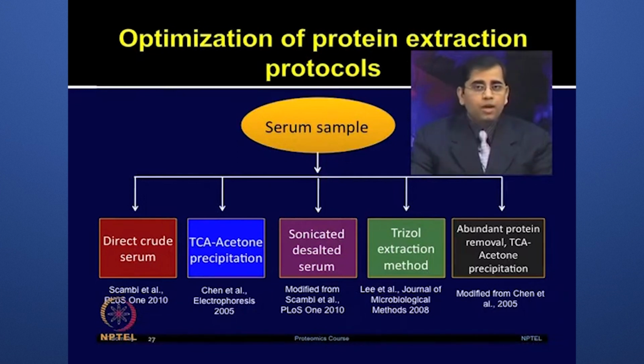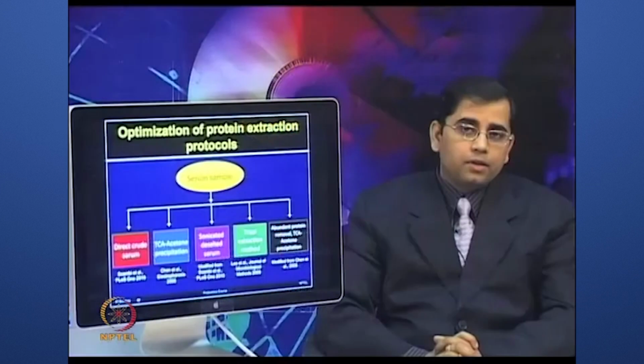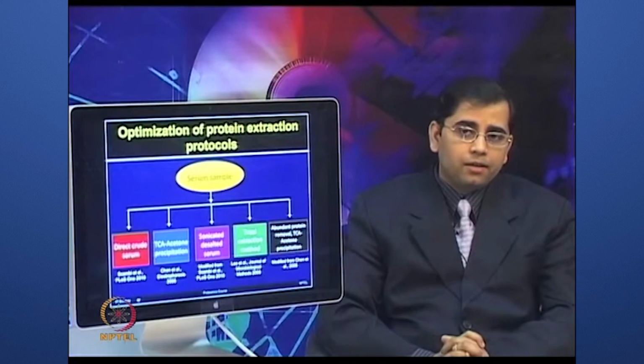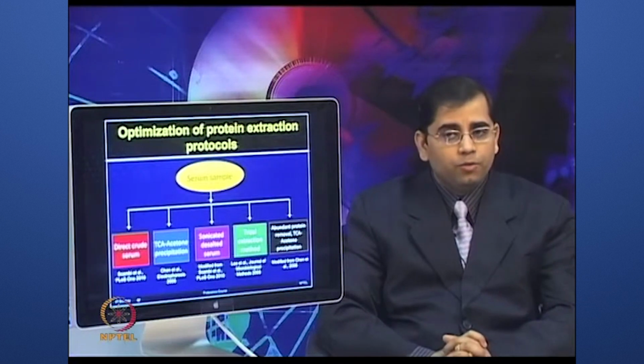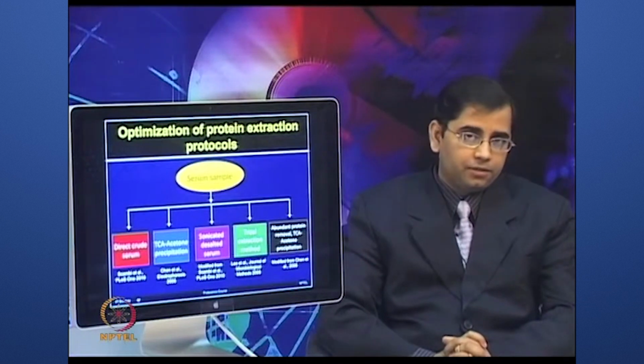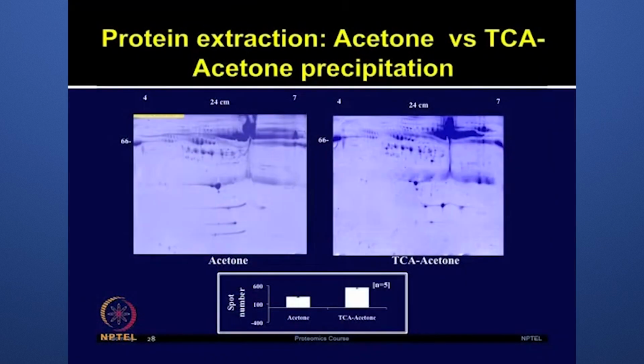So, people have applied direct crude serum, TCA acetone precipitation, sonicated and desalted serum, trizol extraction method, as well as abundant protein removal and TCA acetone precipitation. So, we used this modified procedure of TCA acetone precipitation, where we used depleted, desalted and sonicated serum.